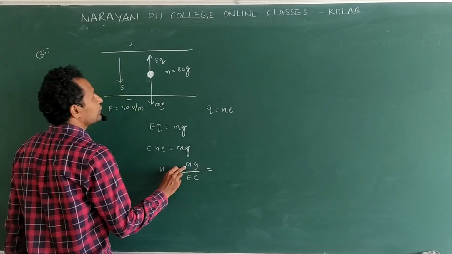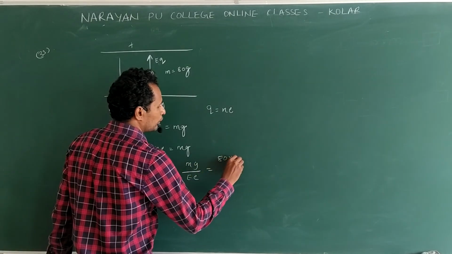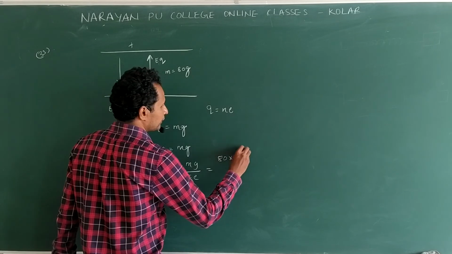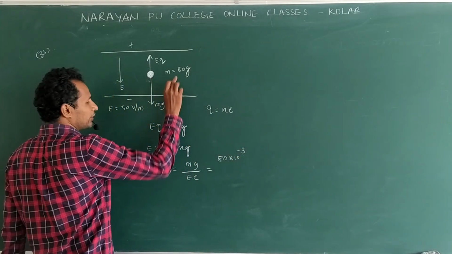Make N the subject: N is equal to mg by eE. Mass is 80 into 10 power minus 3 kg, given in grams.